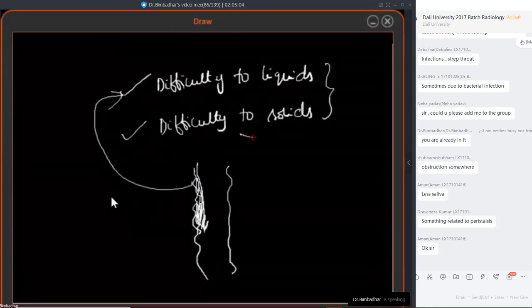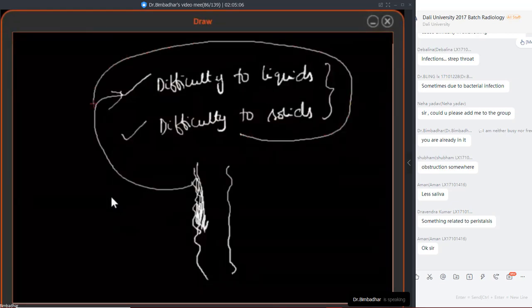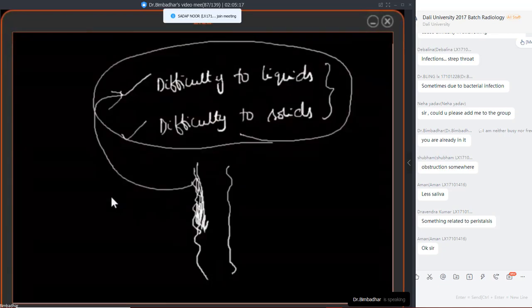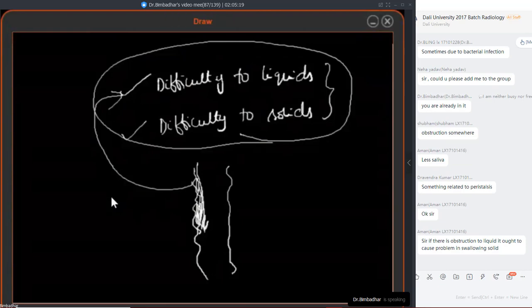Okay, and the most important conditions, that is what the whole theory depends on. So forget about the pain during swallowing, odynophagia or dysphagia, doesn't matter. However the patient comes over, we are technically not worried about anything. Yes, of course, if there is obstruction to the liquid, it ought to cause a problem with swallowing solids also.